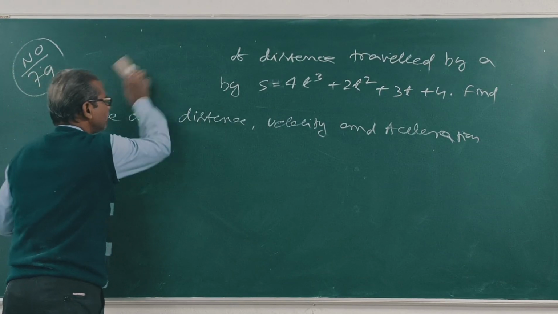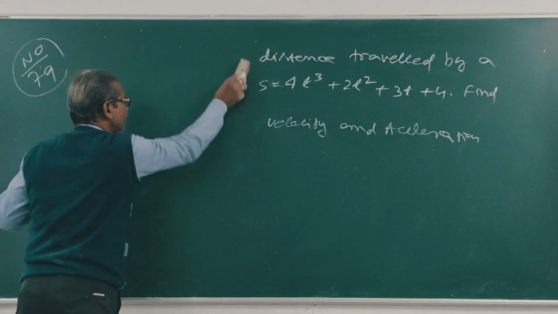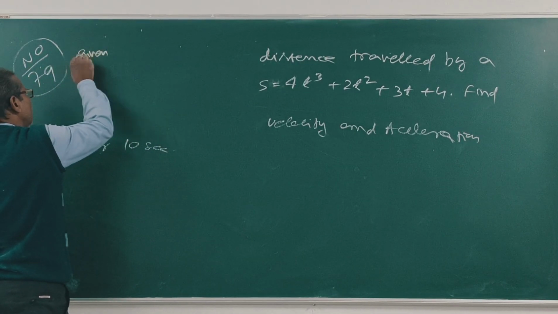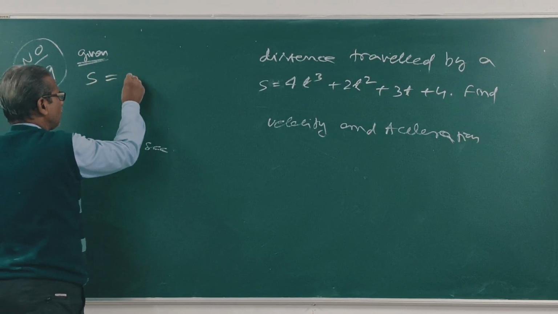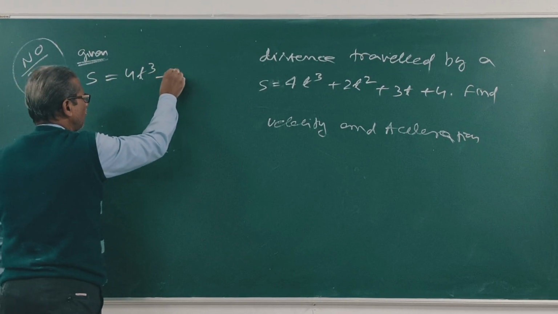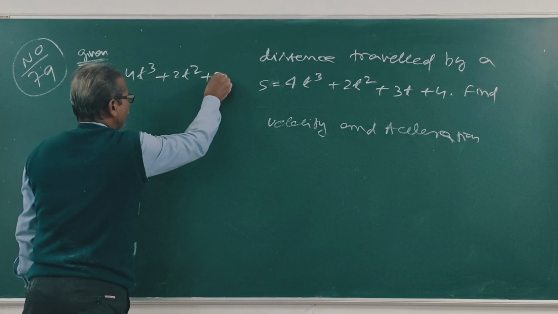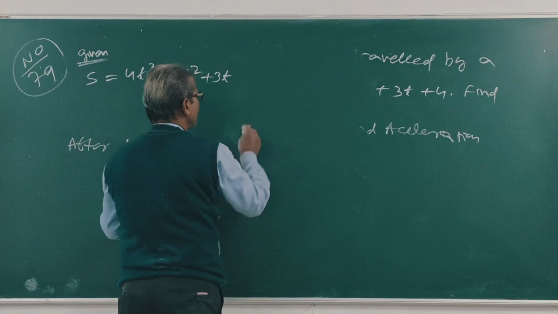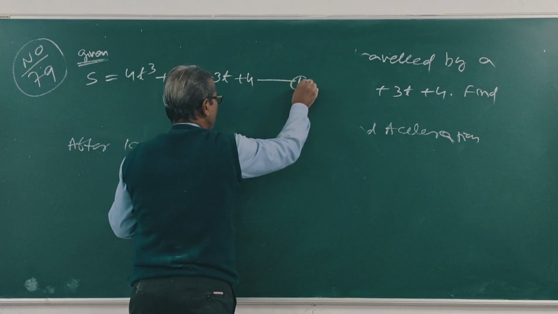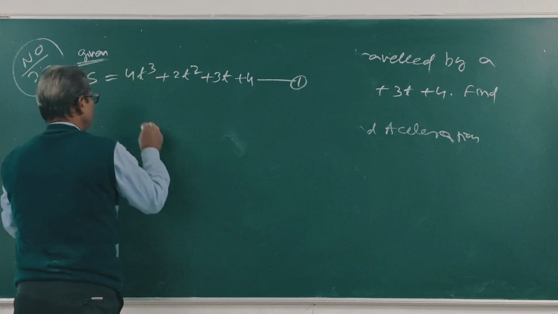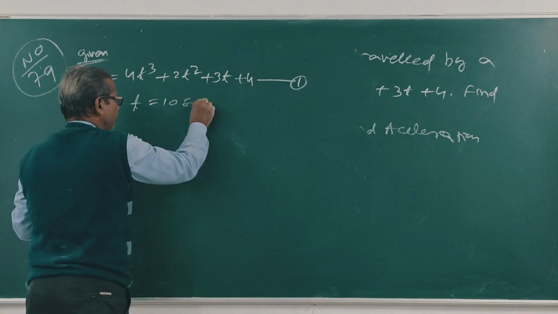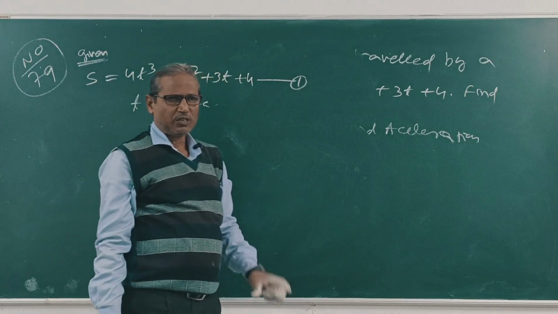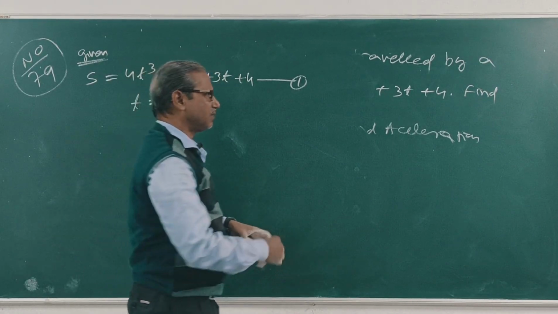Given s = 4t³ + 2t² + 3t + 4, equation 1, and t = 10 seconds. After 10 seconds, I will find the value of displacement, velocity and acceleration.